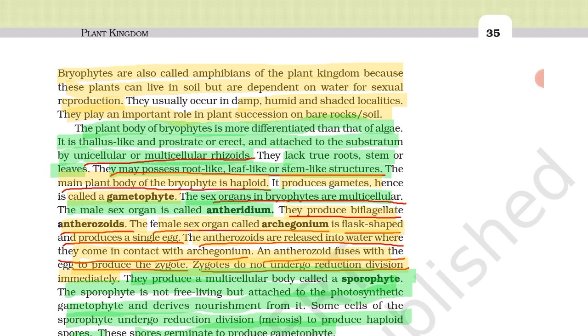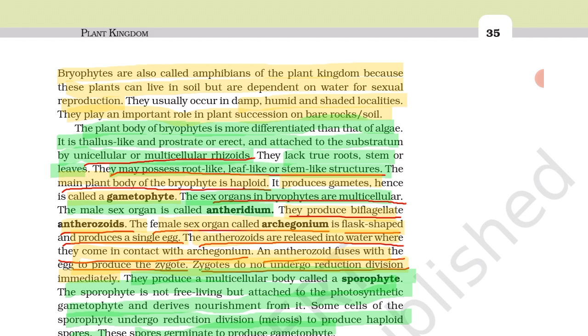This is the most important sentence for bryophytes.